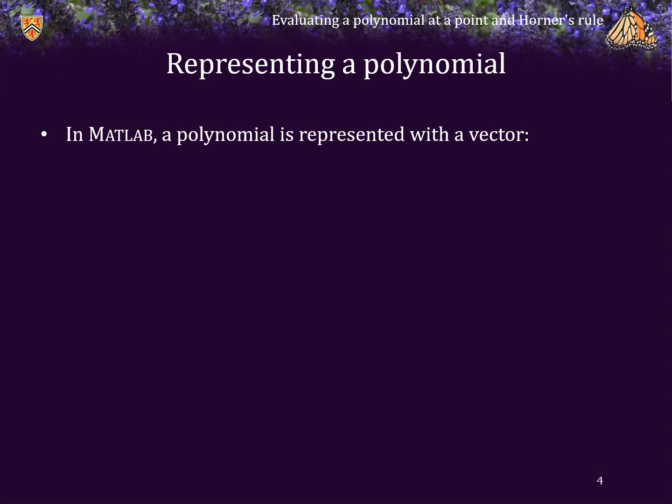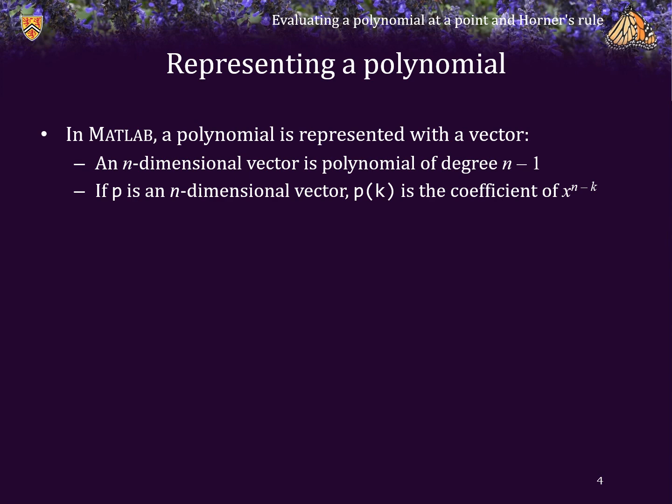Now, in Matlab, however, all polynomials are represented with vectors. So an n-dimensional vector in Matlab represents a polynomial of degree n minus 1. Now, if P is an n-dimensional vector, then p_k is the coefficient of x to the n minus k.